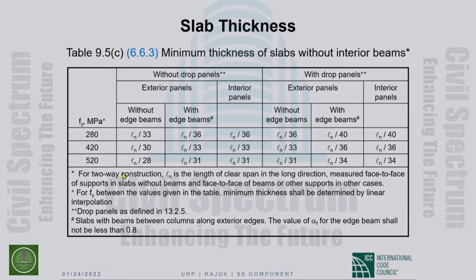L sub n over 30, the clear span divided by 30, is the minimum thickness. And when we say clear span, it is the length of clear span in the long direction. If the two directions are different in span, then it is the span in the long direction.